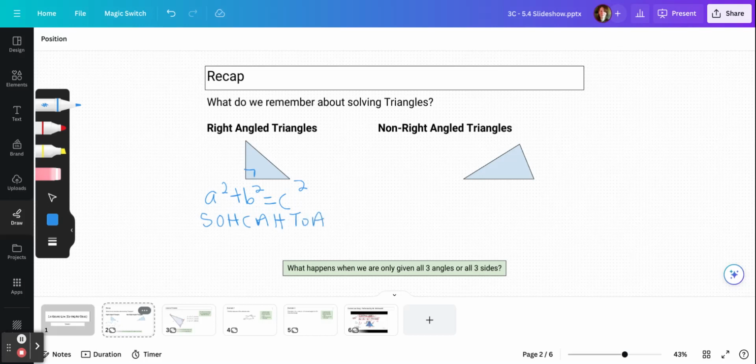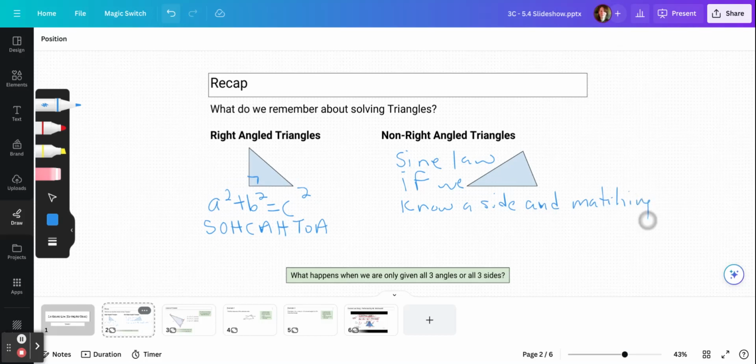And for non-right angles, up until this point, we can use the sine law as long as we know a side and a matching angle.